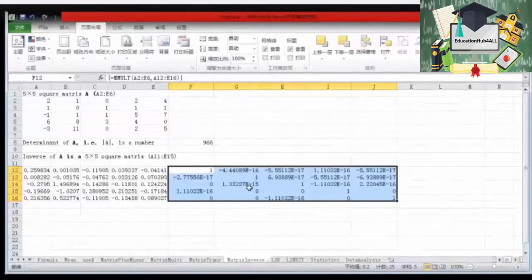The diagonal is 1, everything else is 0. Yes, it is a diagonal matrix, but everything in the diagonal is identical. It's an identity matrix. I always use I for the identity matrix.